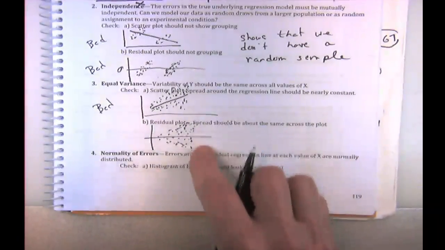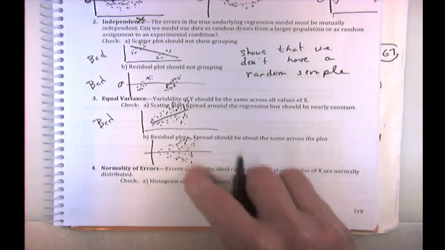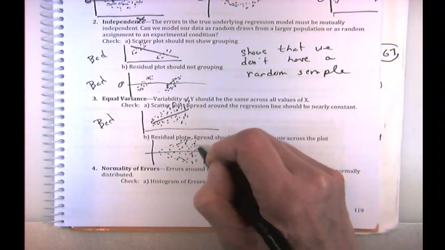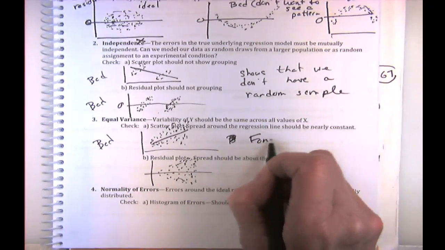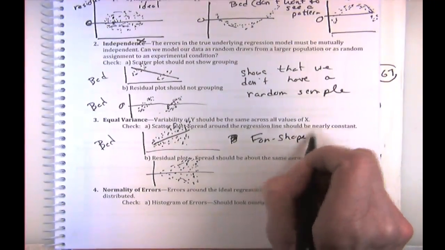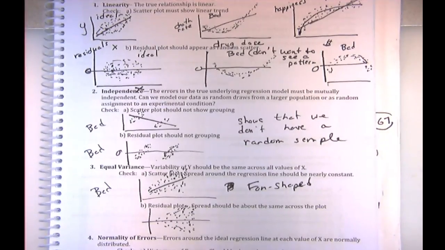Well, one thing is that we're using one standard deviation, a pooled estimate across all the x's, and that clearly isn't valid here. So this fan shape is a very common way that you're going to see problems with the errors.